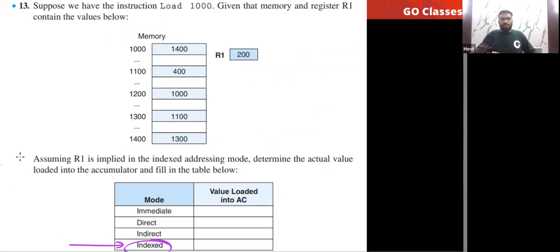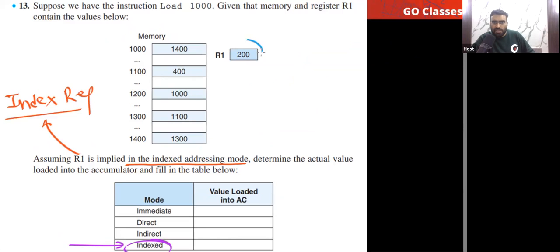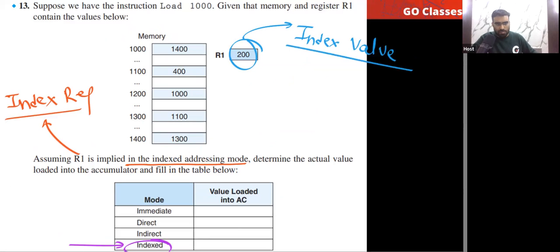Indexed. In the indexed addressing mode, this R1 is your index register. So this is your index value. If this is the index value, what is the base address?